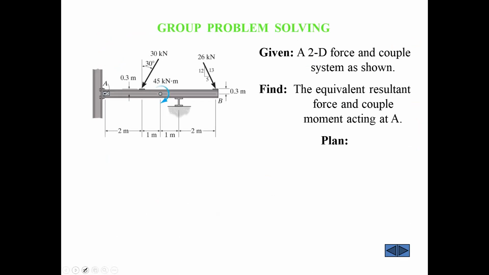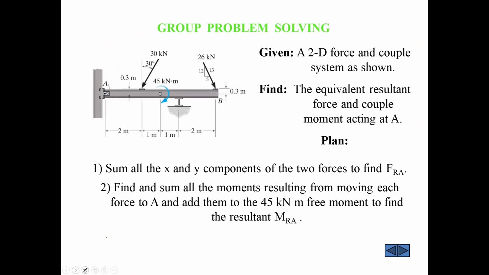Not a problem. And this problem here is a little bit more tricky than the others. I'll briefly look at it because it's relevant. So it's basically asking for the same thing. What's the difference here? They're saying move each force to A and add the 45 kilonewton free moment to find the resultant.